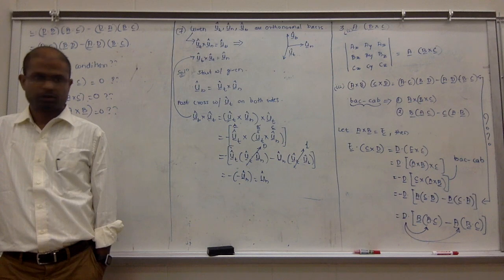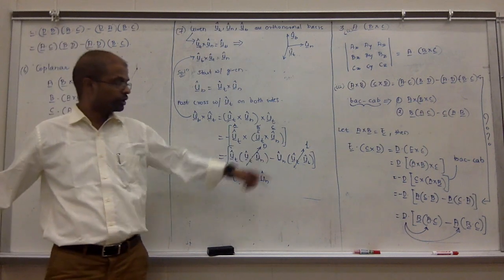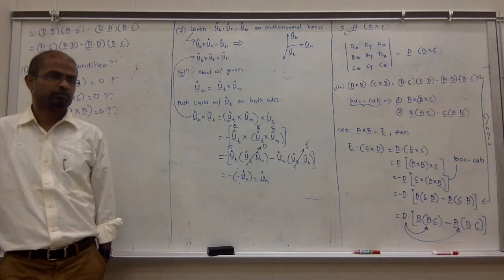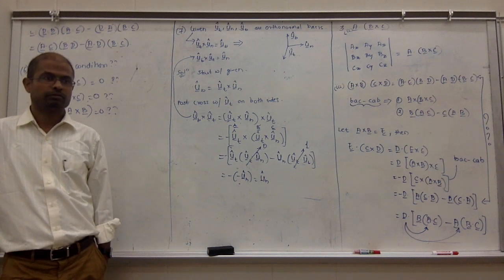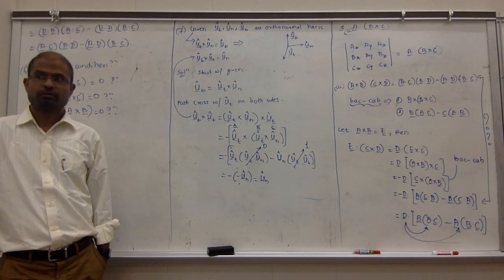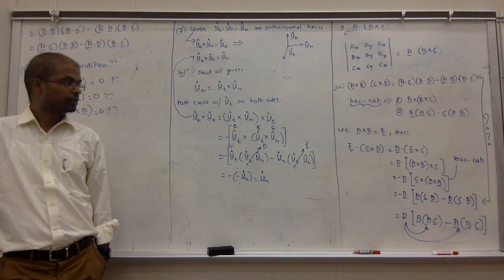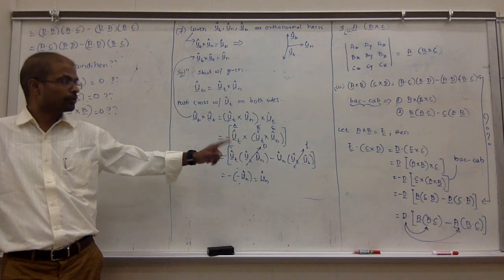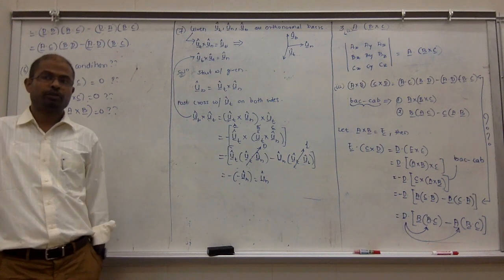So you say if it was not a unit vector, what would that be? Magnitude. You don't do scalar times vector. If UT was not a unit vector, what would that be?